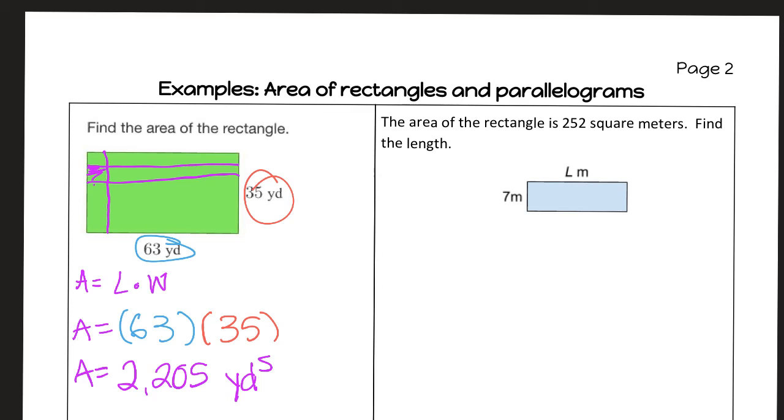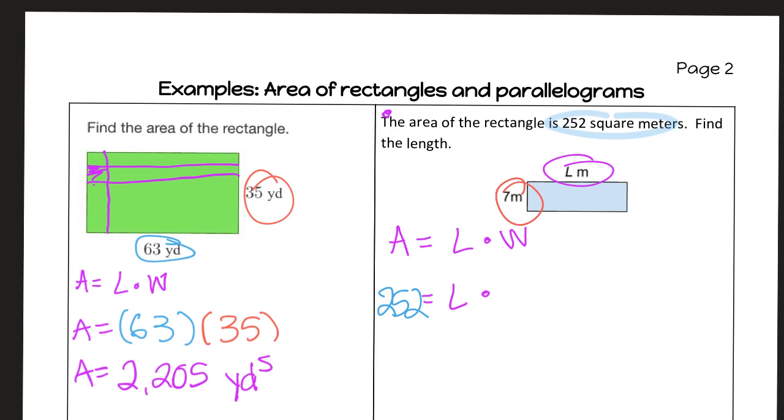Okay. In a word problem type form, so on this one, the area of the rectangle is 252 square meters. Find the length. I'm always going to start by writing my formula. Area equals length times width. Well, I don't know my length, so I'm going to leave that as an L. My area is 252.